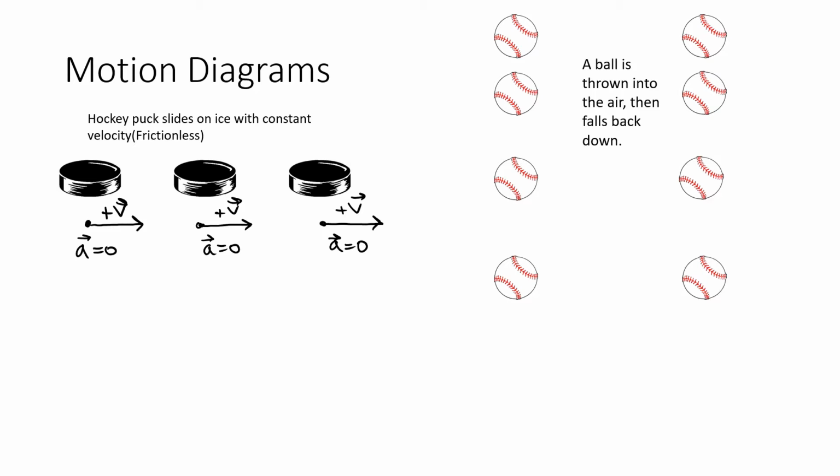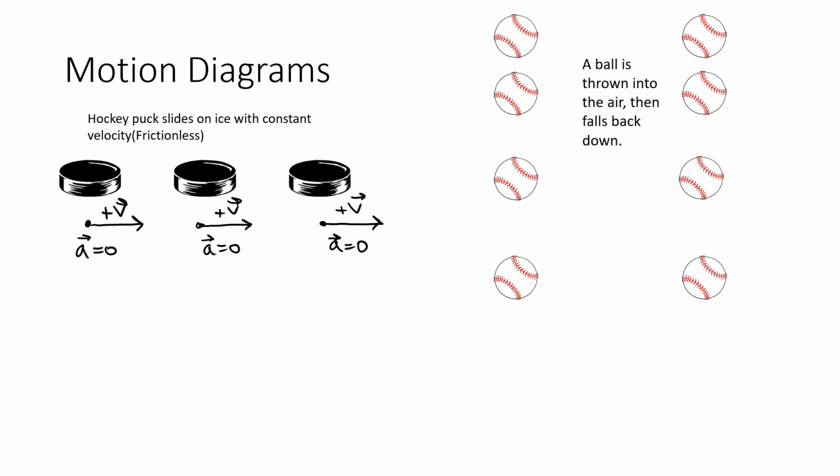Next, we have a baseball. I'm going to start on the left one, and I'm throwing a baseball up into the air. Imagine a photographer takes a series of pictures, the same amount of time between each picture. It comes to a point where the ball reaches a peak, and then starts to fall back down.